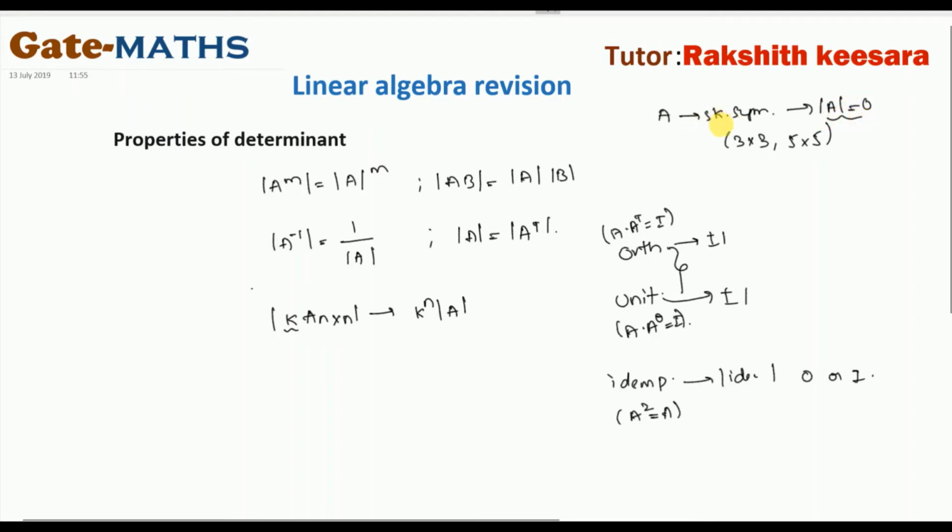For a matrix to be skew-symmetric, its diagonal elements should be either 0 or purely imaginary. You know this, right? It is a very important property. And A transpose equal to minus A, you know this, but remember this property, diagonal elements should be 0 or purely imaginary.